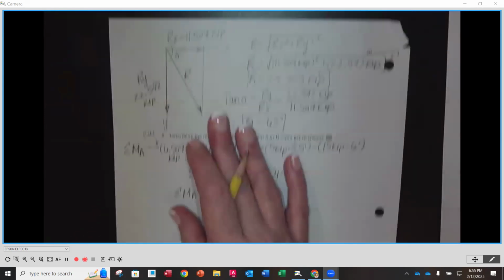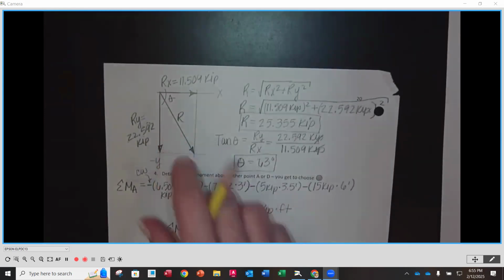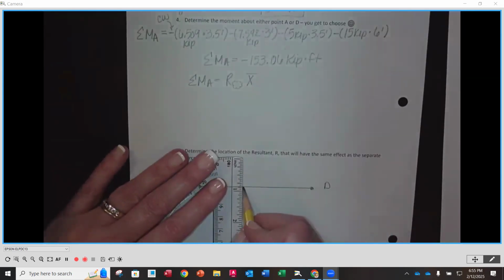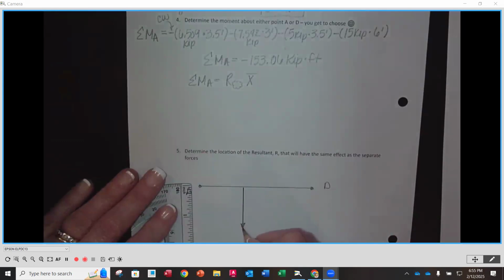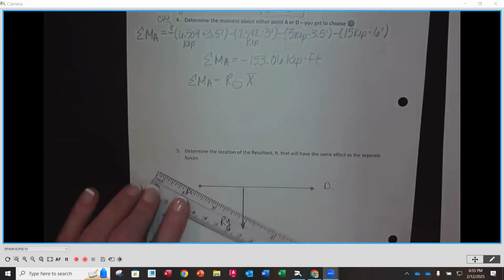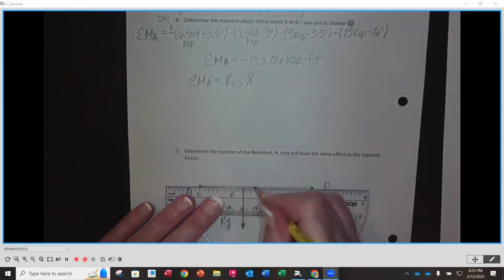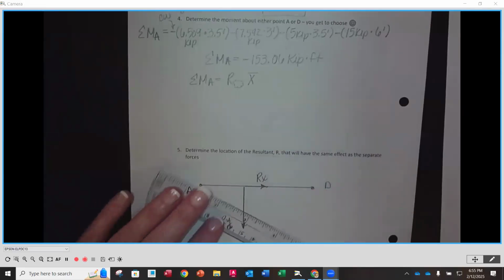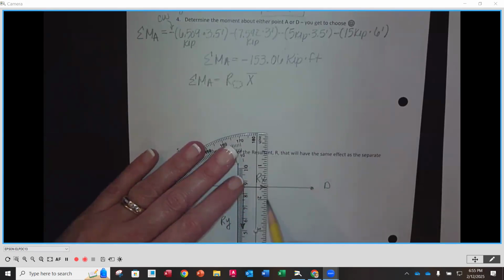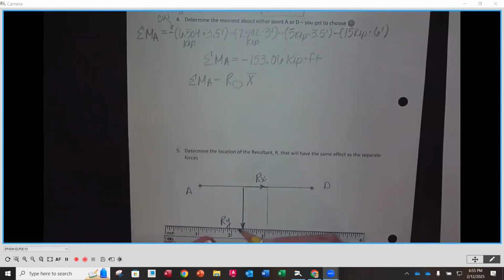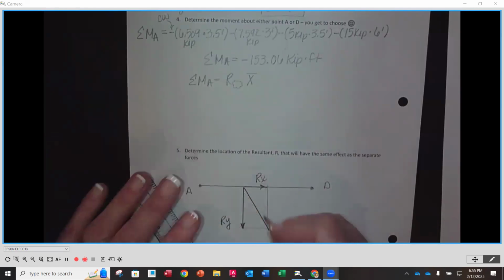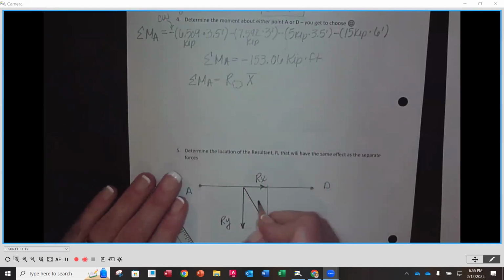And I want to locate my resultant. So here's my resultant, somewhere along there. I don't know exactly where it's going to be, but I'm going to have my RY and my RX, and I want to show this diagram. And then I'm just going to put the instruction lines here. And this is going to be my resultant.